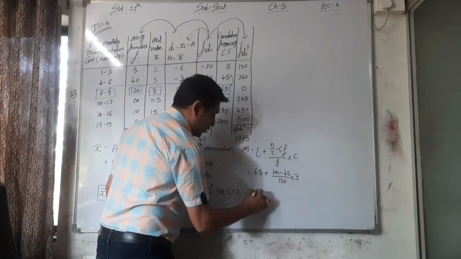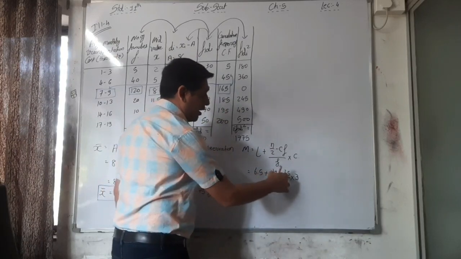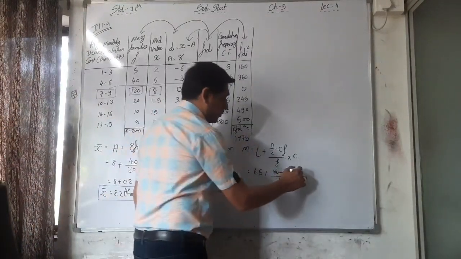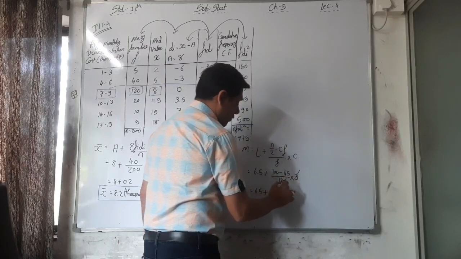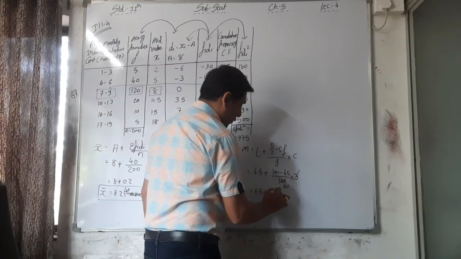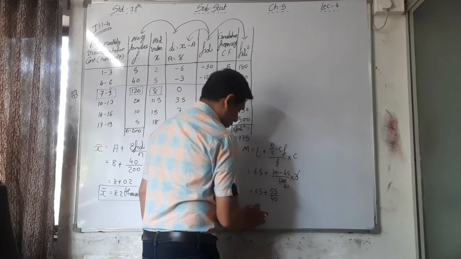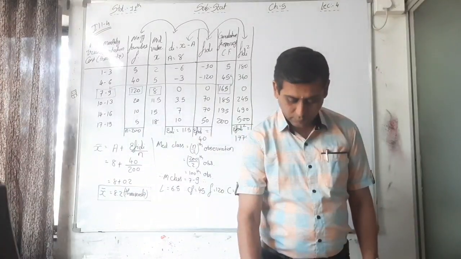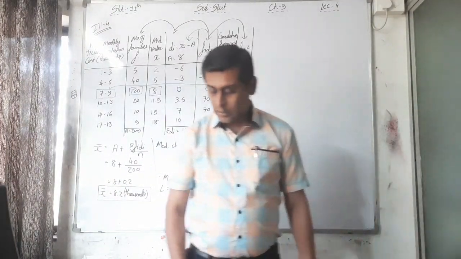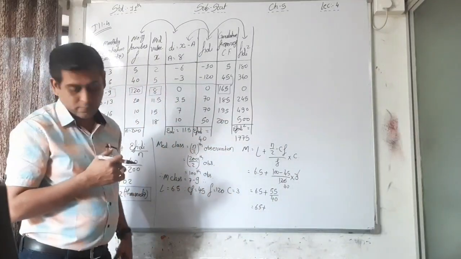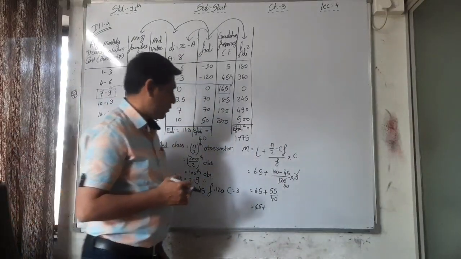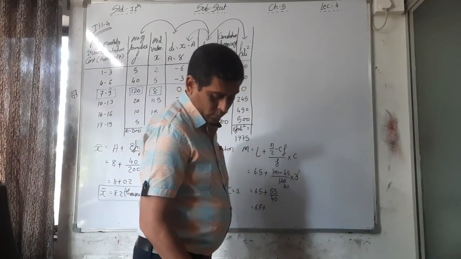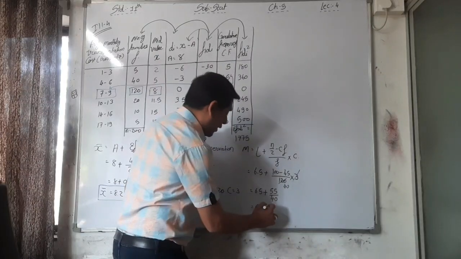So again 6.5 as it is, plus 100 minus 45, that is 55, 55 into 3, divided by 120. That's 55 upon 40. 6.5 plus, sorry, 1.375.